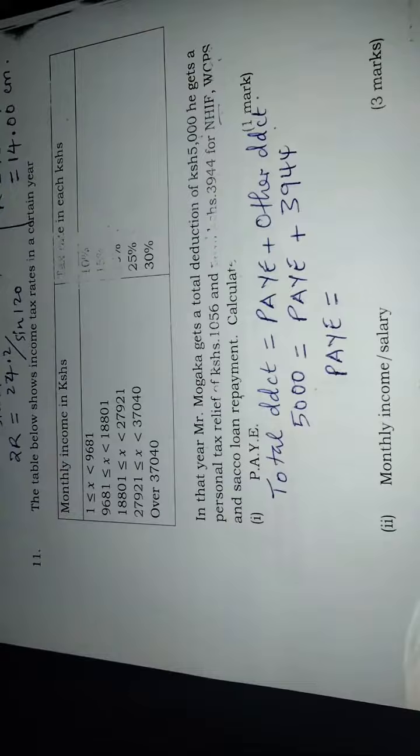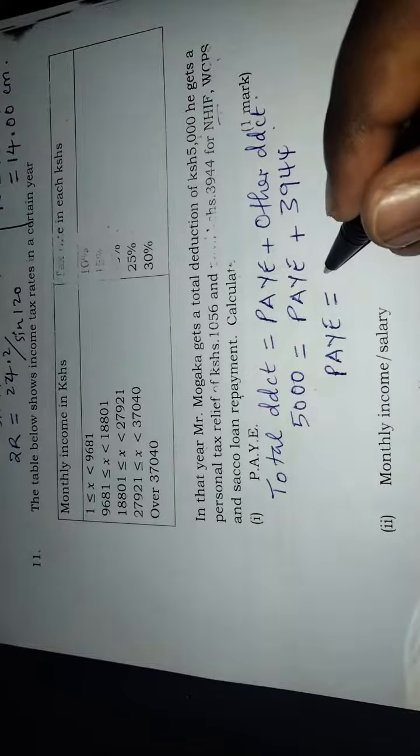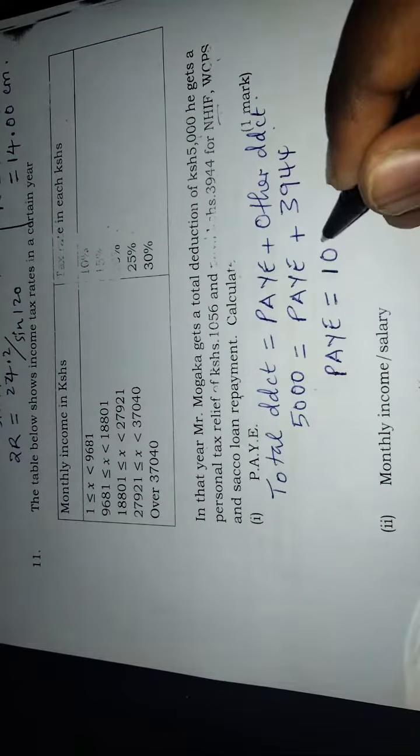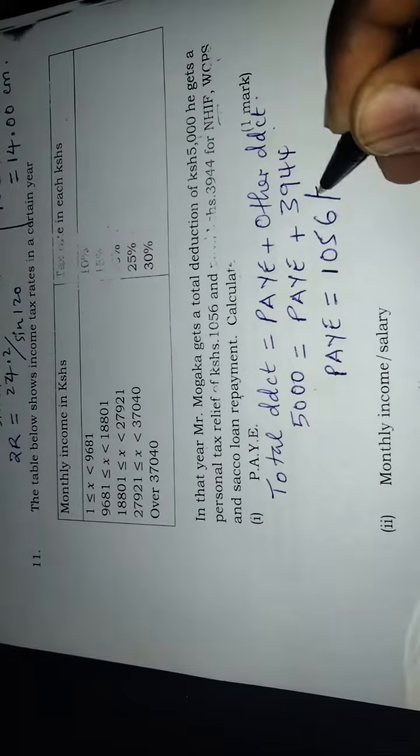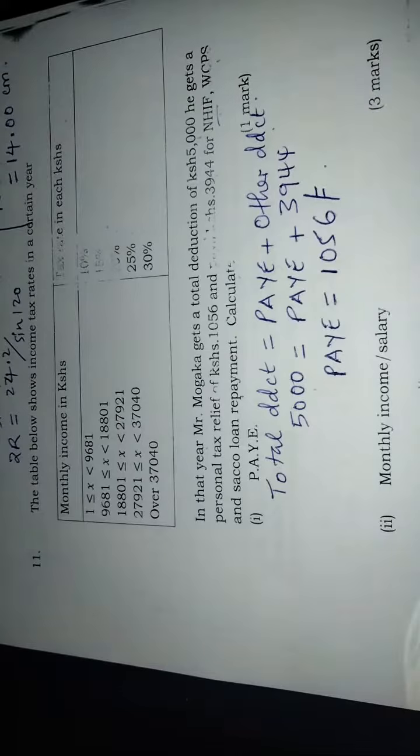So the payee is going to be 5,000 minus 3944. This gives us exactly 1056 Kenya shillings. So the payee is 1056.